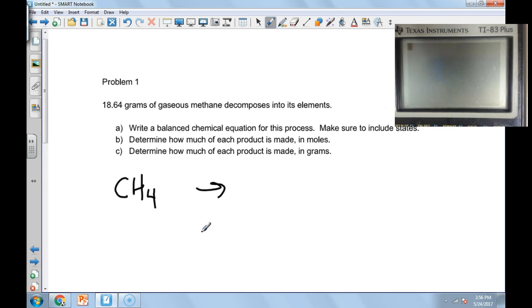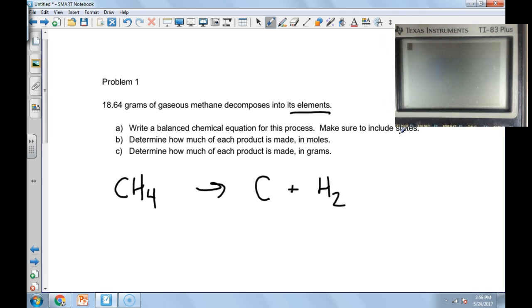And we don't know what the products could be, except in this case it tells us that it's going to decompose into its elements. So it's going to decompose into carbon plus hydrogen, and we also know that hydrogen is diatomic. It's part of the Hankel-Briff thing, so that's going to be our reaction, or kind of skeleton reaction.